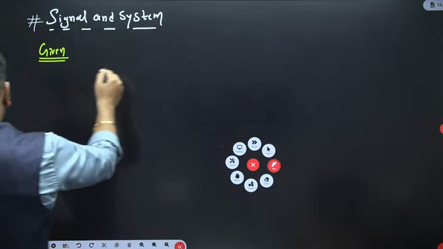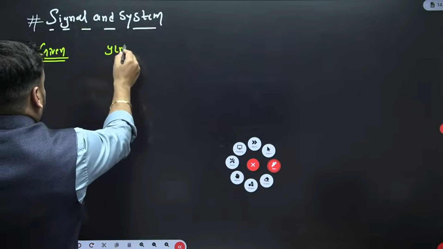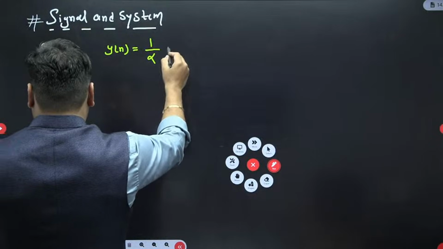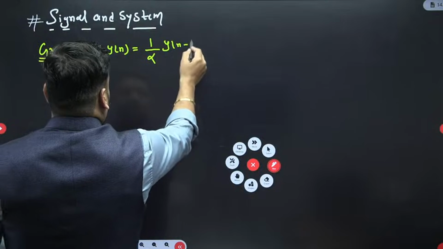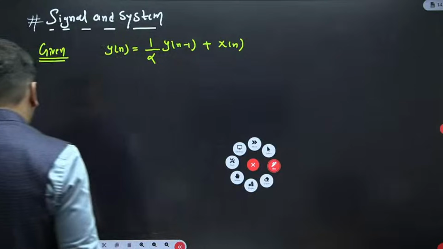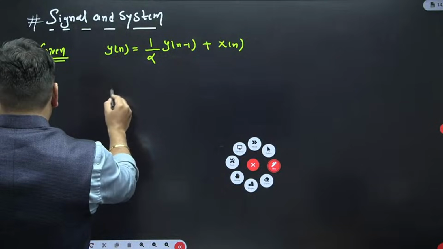Given is a difference equation in the discrete time domain: y of n equals 1 by alpha y of n minus 1 plus x of n, where x of n is the input and y of n is the output.